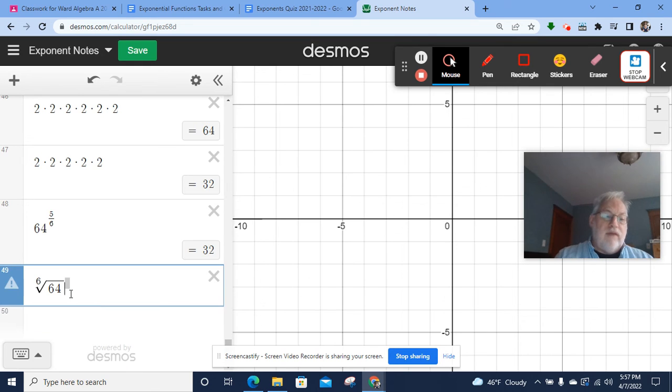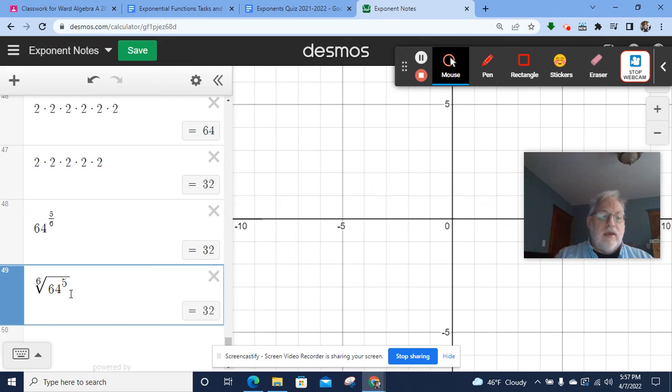Now, that 5 I could also put inside. And that gets me 32 as well. So I can put the 5 inside or outside. Either way works. And so this is just another notation.